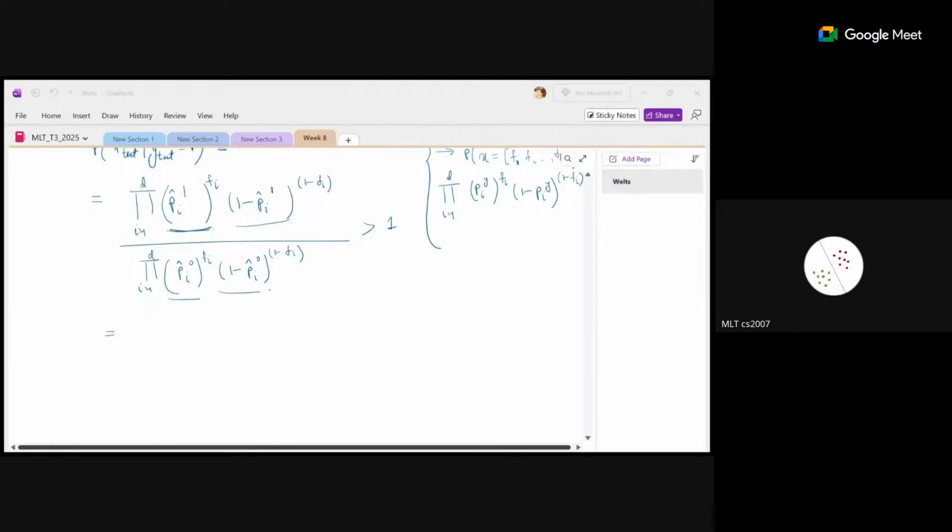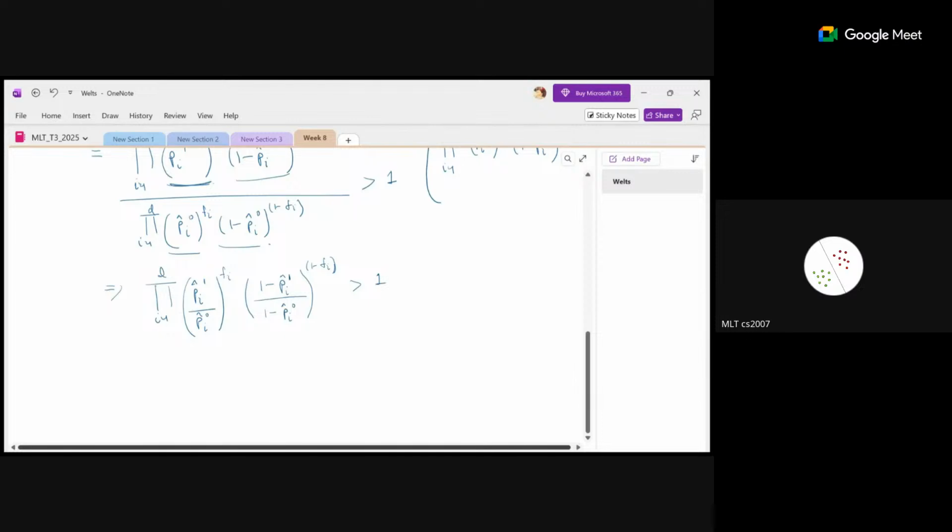So I can write the product of i varying from 1 to d, pi hat of 1 divided by pi hat of 0 to the power fi, and for the other side, 1 minus pi hat of 1 divided by 1 minus pi hat of 0 to the power 1 minus fi. And this has to be greater than 1.